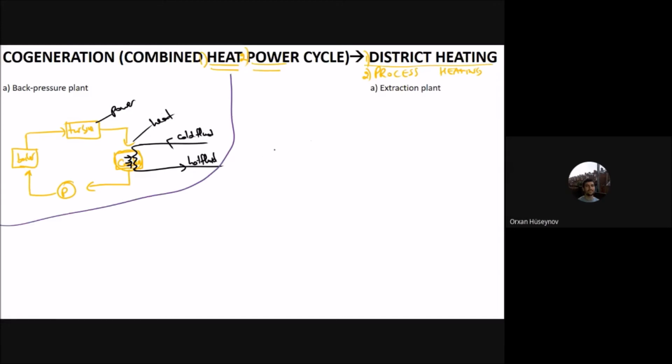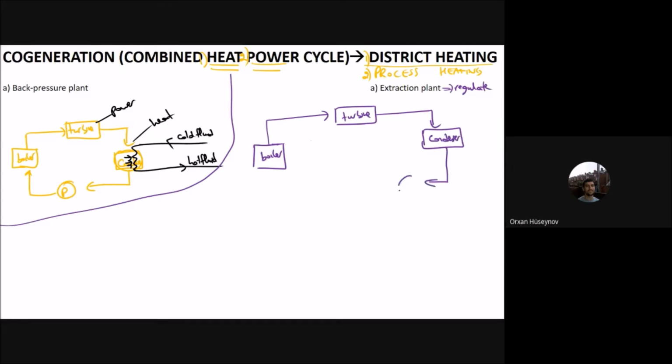So you can see the two at the same time. Okay, the second one is the extraction plant, and here you can regulate the flow rate, and you will see how we regulate it. Here you have the boiler, and from that boiler you have the turbine, and from that turbine you go back to the condenser. Then from that condenser you will have the pump.